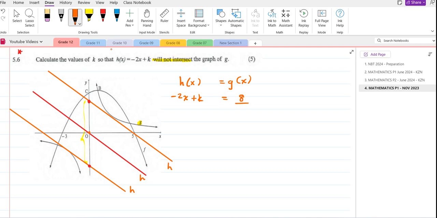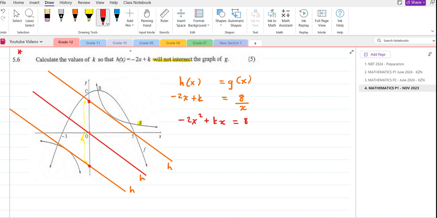I'm going to multiply this entire equation by x. So we get minus 2x squared plus kx is equal to 8.